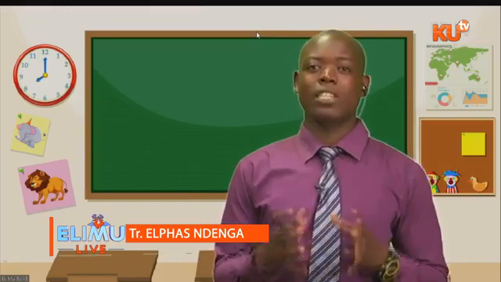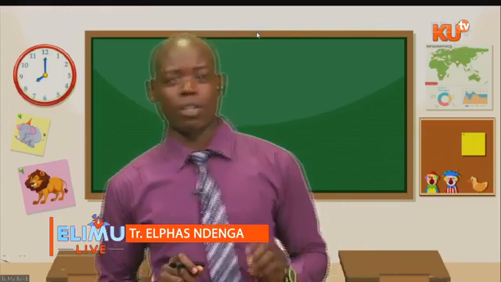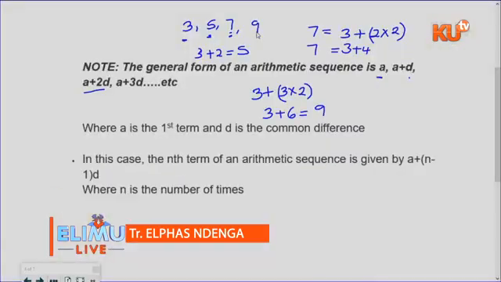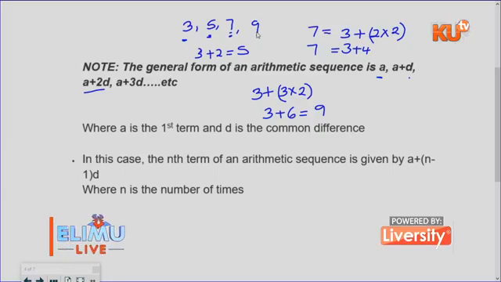And so let's deduce a general principle, or a rule, that we are going to use in calculating the nth term of an arithmetic sequence. So this is what we do. The nth term of an arithmetic sequence is given by this relation.